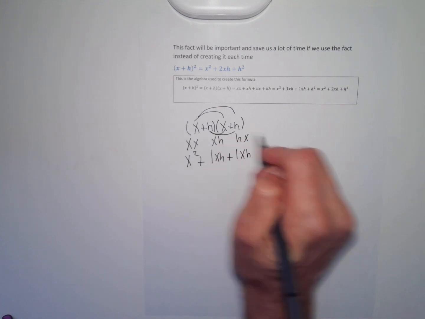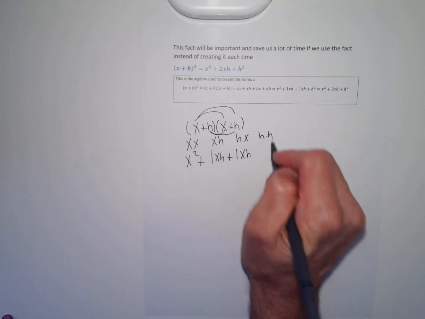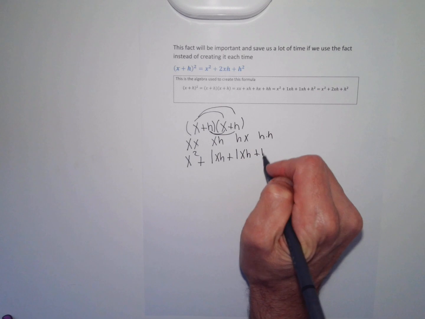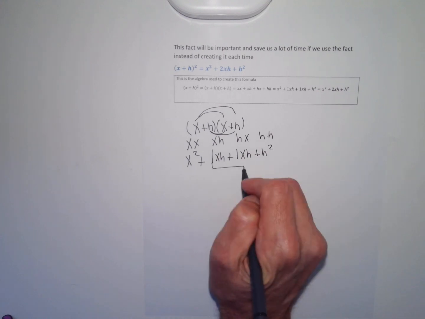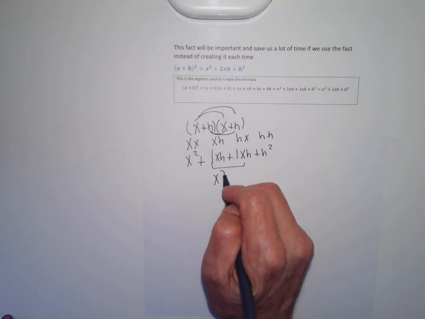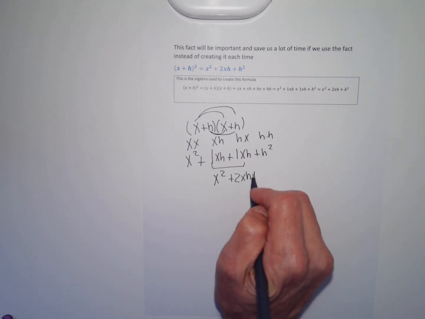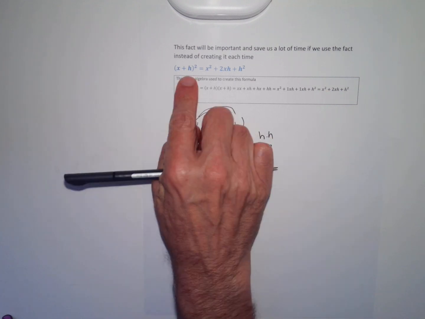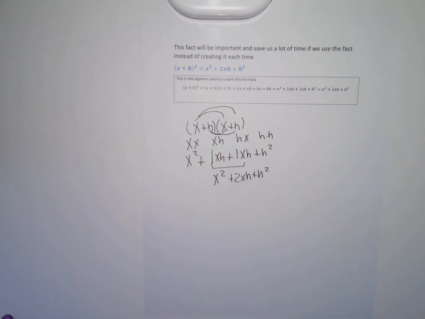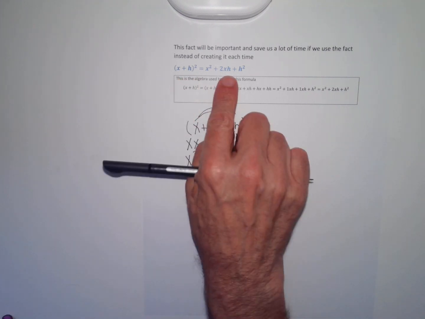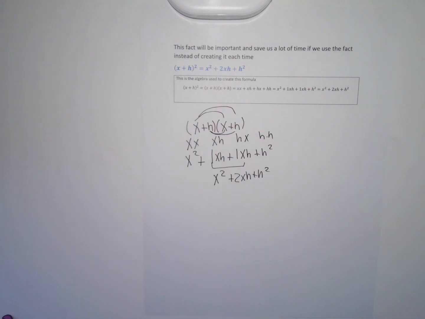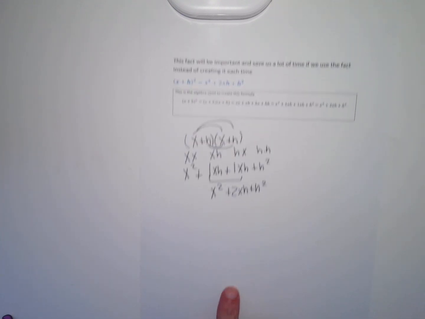The lasts are h times h, and h times h is a positive h squared. I'm going to add the 1xh and 1xh and get x squared plus 2xh plus h squared for what (x plus h) quantity squared equals. That's a big deal, a big lifesaver in this section. You should keep that in your back pocket and pull that out whenever we need it.